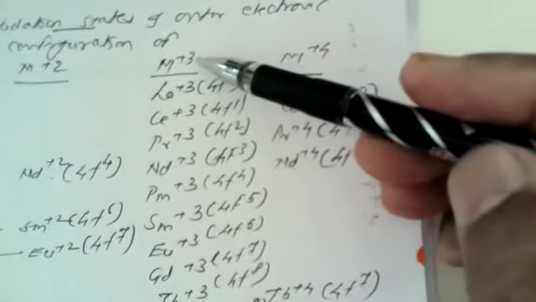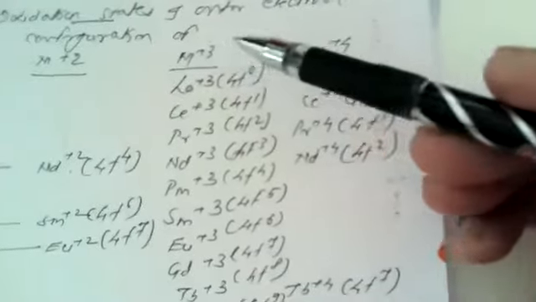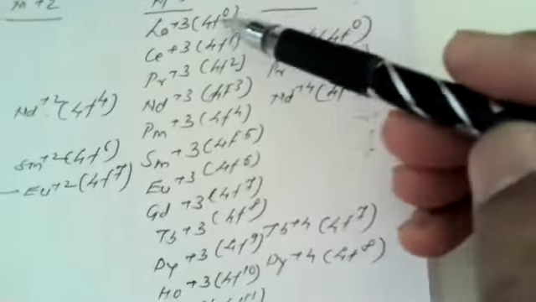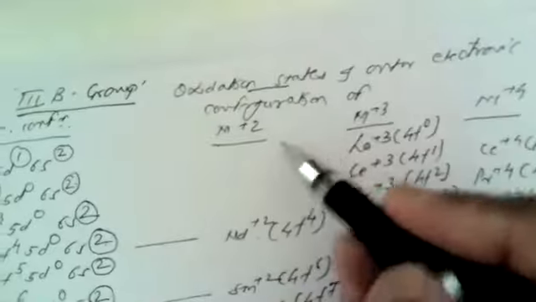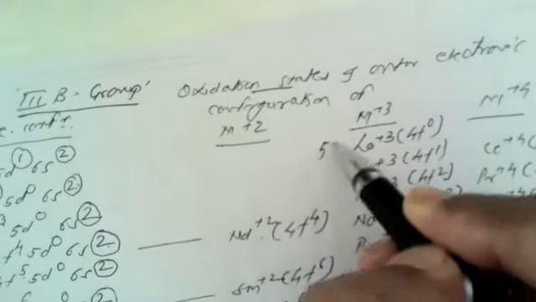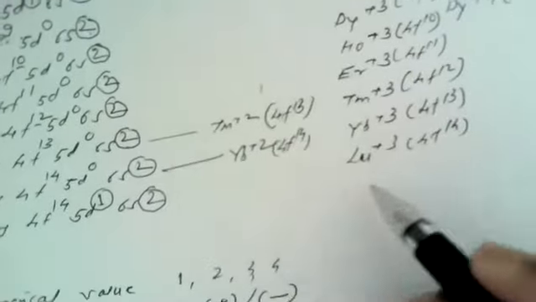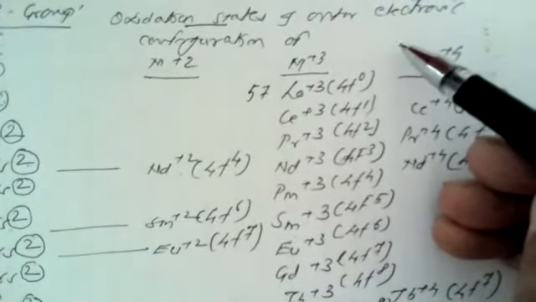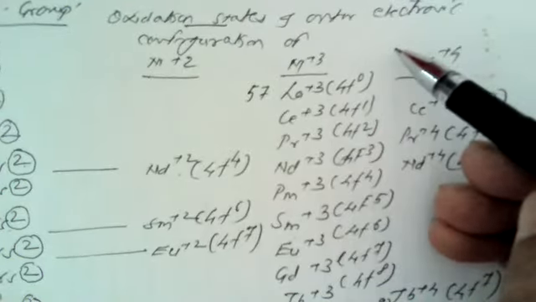So for +3 oxidation state, if you look very carefully, it is revealed that from lanthanum to lutetium, that is from atomic number 57 to 71, there is a regular loss of electrons to show a principal or common oxidation state, that is +3.